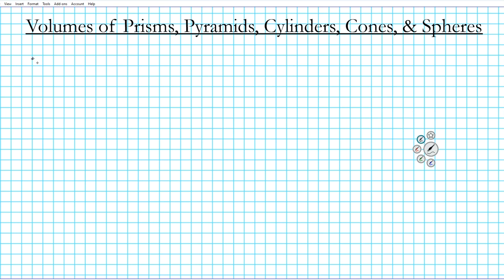So the first solid is a prism. What is the formula for the volume of a prism? The formula for the volume of a prism is V equals big B times H. Big B represents the area of the polygonal base.